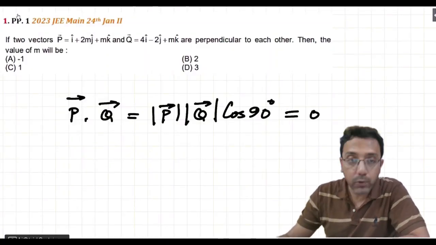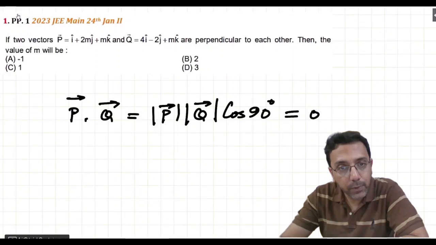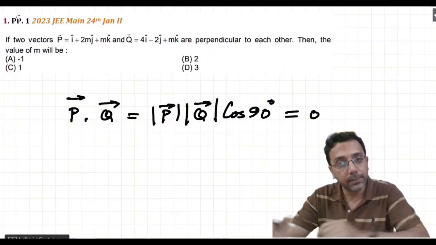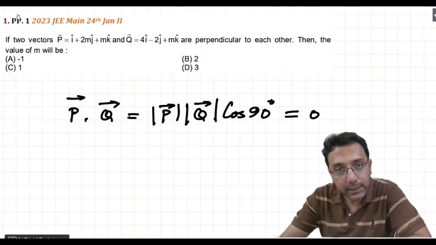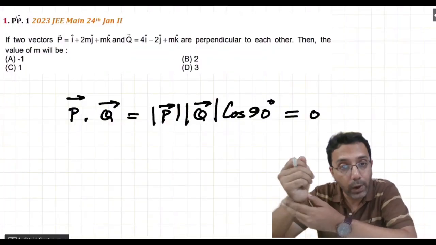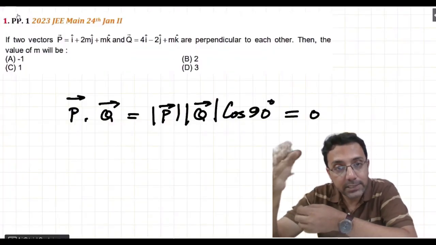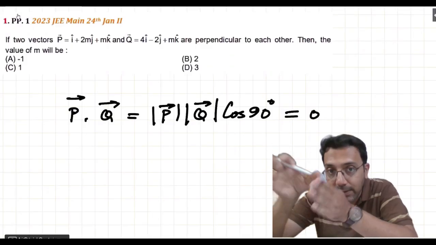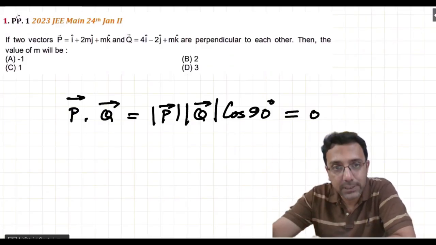How the dot product is solved, I have already explained. Please have a look in the earlier video. We have seen that i, j, k, the unit vectors in the directions of x, y and z, are positioned in directions which are mutually perpendicular to each other.